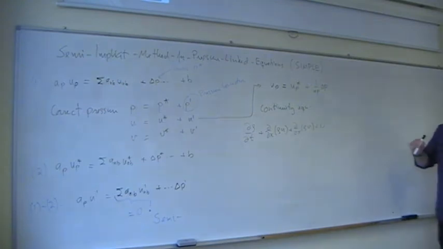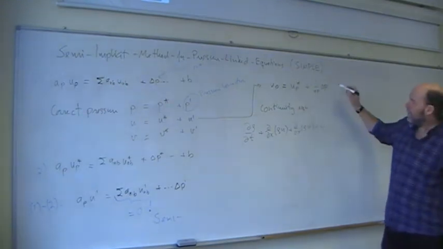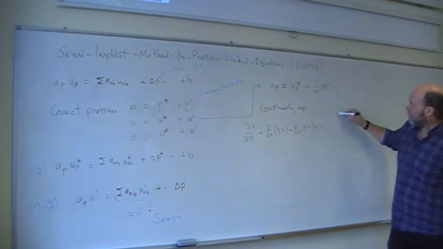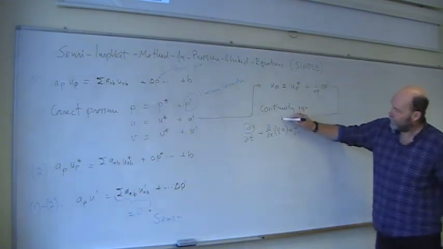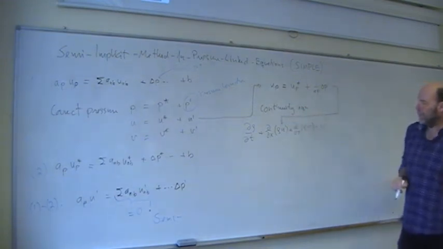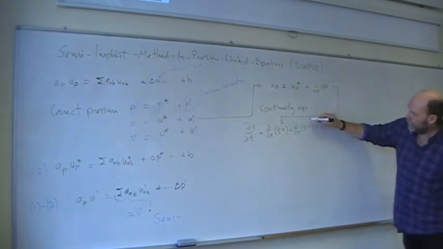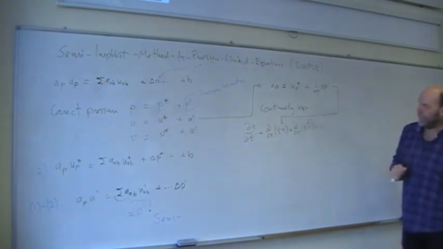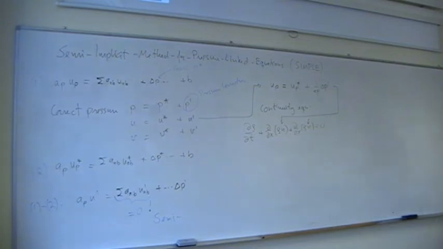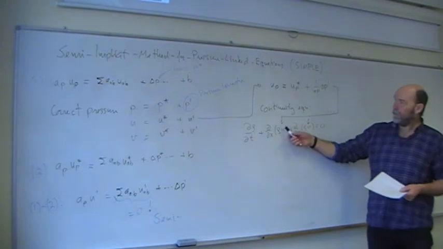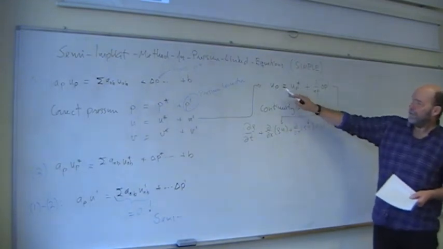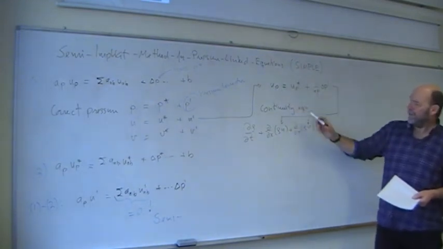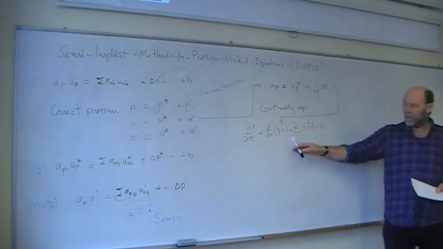And then I take this one and insert for the velocity. And of course you do the same also with v. So you substitute in for the correct velocities, and what are you left with?